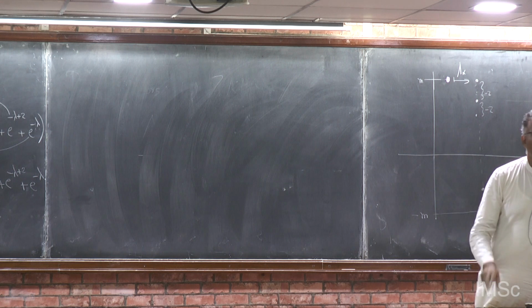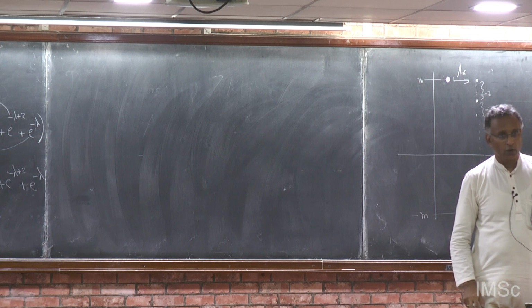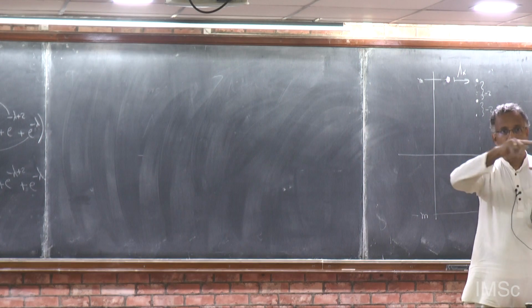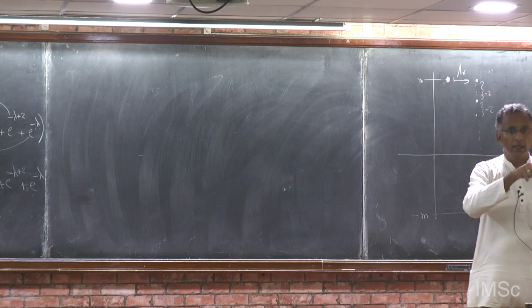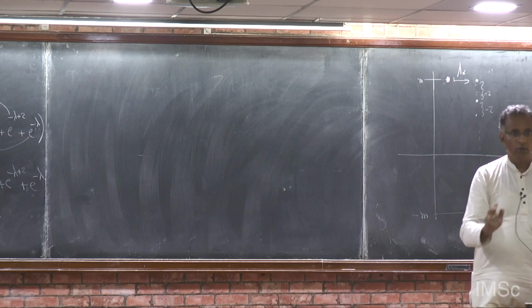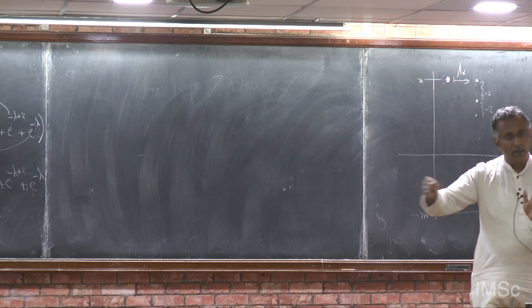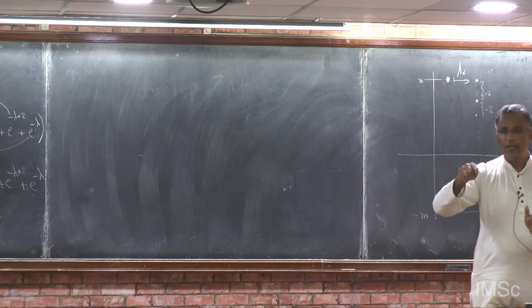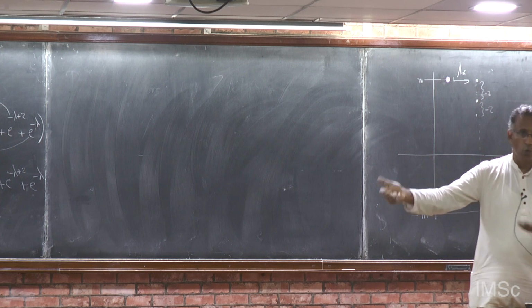The Weyl group is a Coxeter group, generated by the simple reflections subject to these kinds of relations. Each of the generators is an involution, S alpha square equal to 1. And other than that there are other relations of the form S alpha S beta to the power m alpha beta is equal to 1.